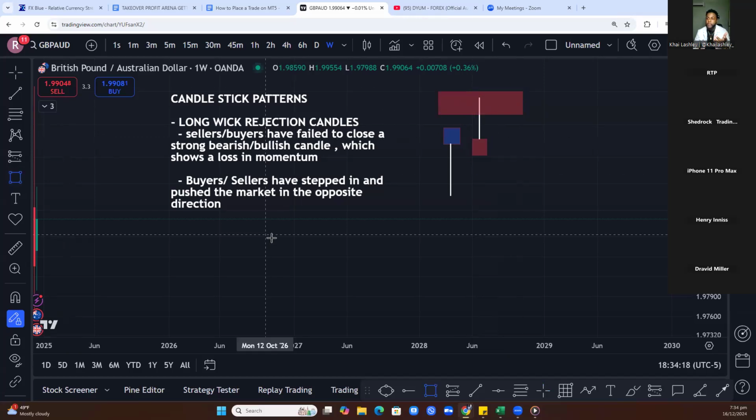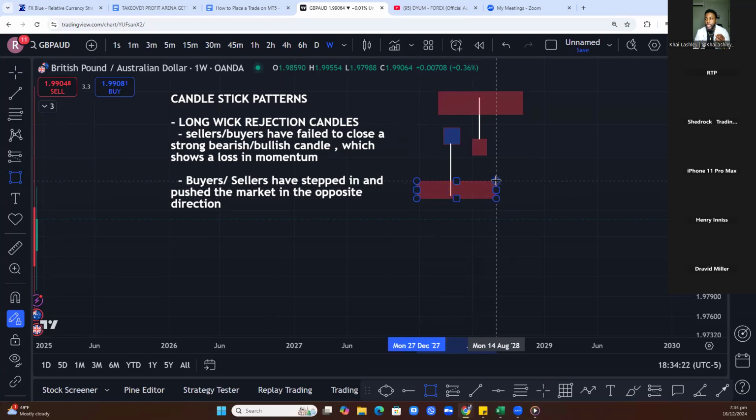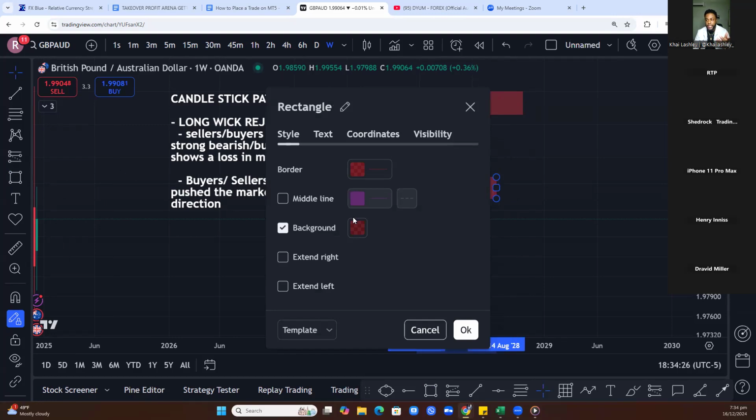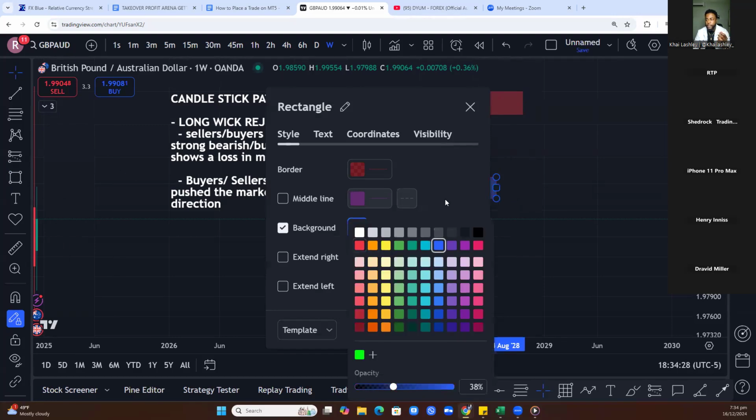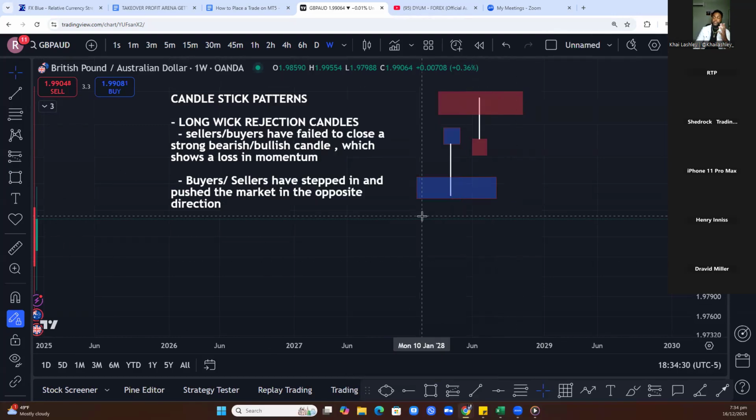In the same light, when we have, for example, price reaching our demand zone and we are getting a rejection looking like this, then absolutely this is what we would love to see. We definitely want to see price rejecting those areas, long wicks. Perfect. That's one of our indications. So everybody following so far?